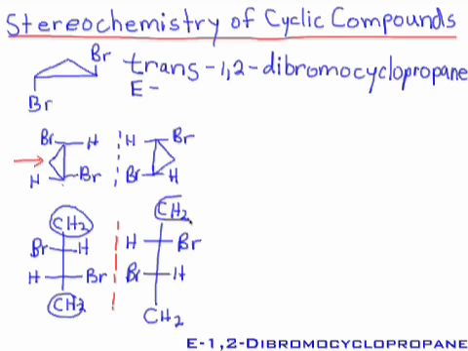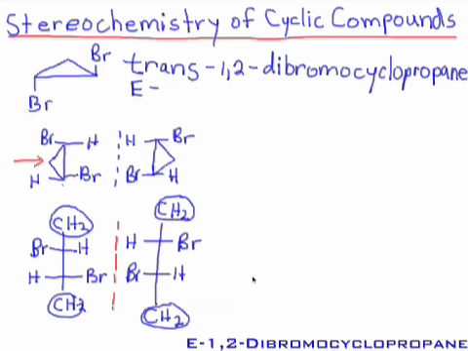Again, the CH2 is the same CH2. This is a 3-membered ring. Now what's interesting is these two look a lot like the structures we saw in tartaric acid, where the groups were opposite, and so the mirror images turned out to be non-superimposable stereoisomers. They turned out to be enantiomers.